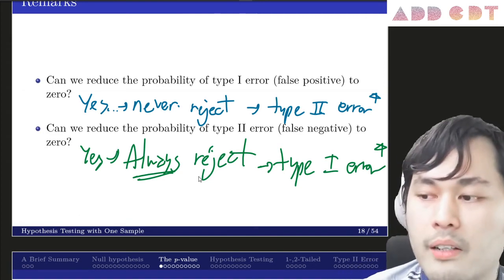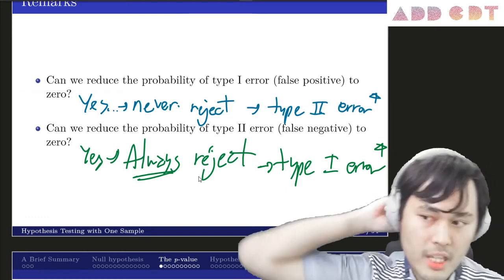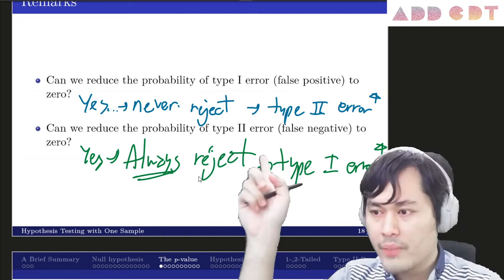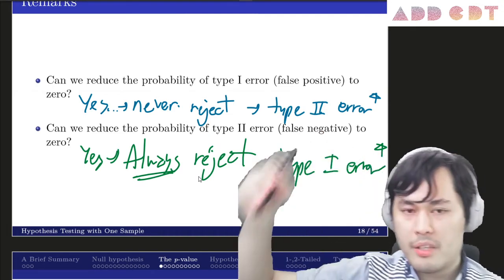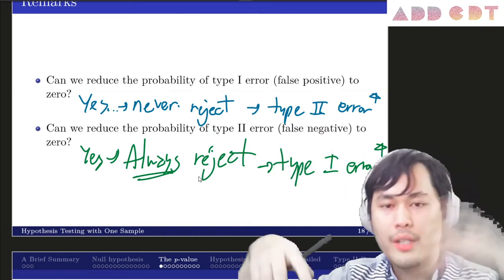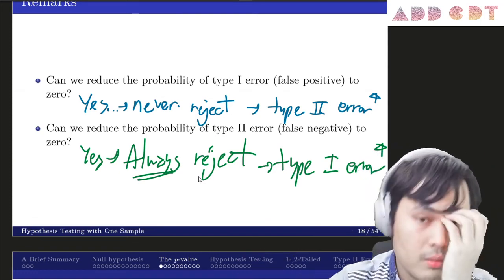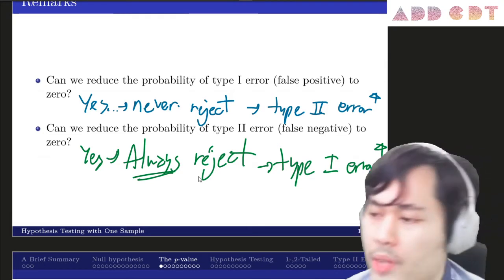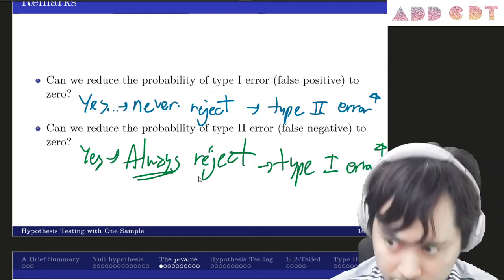So this means that we cannot reduce both of them, right? If one of them is small, then the other one is going to be big. If the other one is small, then the first one is going to be big. These two values are correlated to each other.